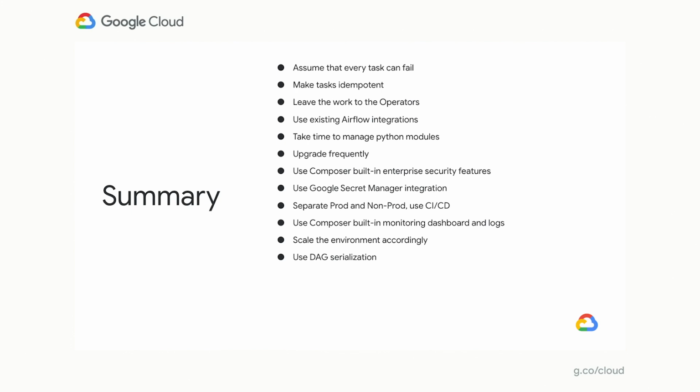And use built-in retry and error handling mechanisms in Airflow, and therefore make your DAG runs not vulnerable to those issues and successful practically all of the time. To support that, also make your tasks idempotent so that they can be safely retried without unexpected consequences as part of your DAG executions. Leave the work to the operators.